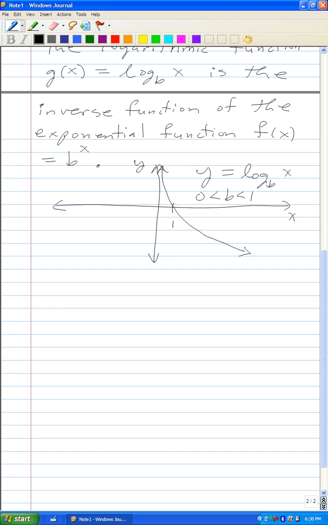And so it is always decreasing. It is concave up.